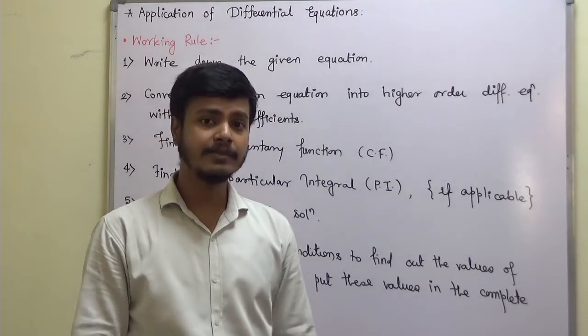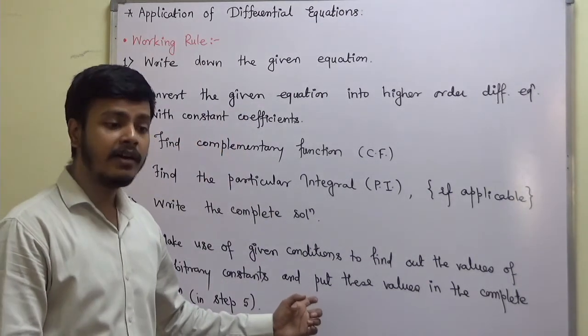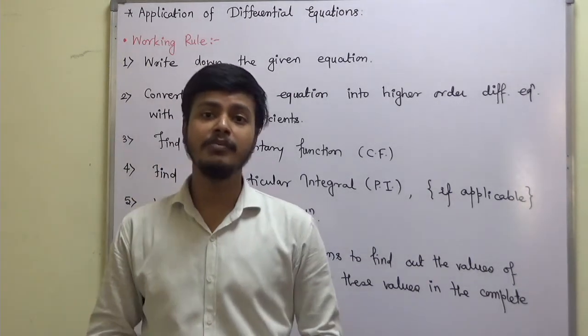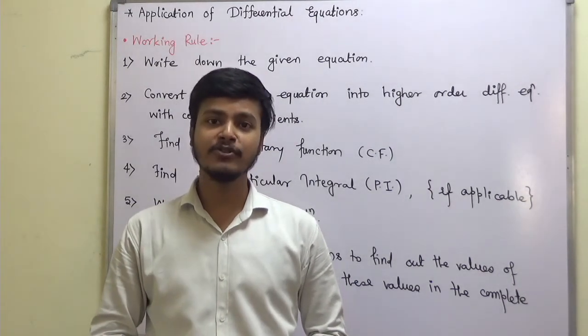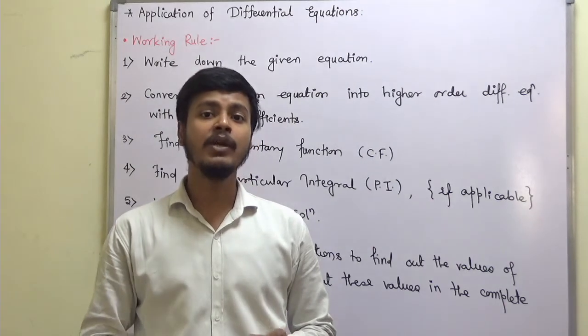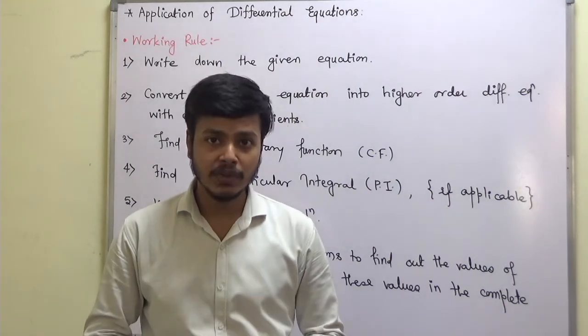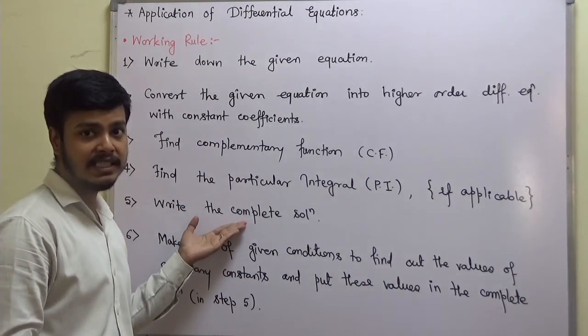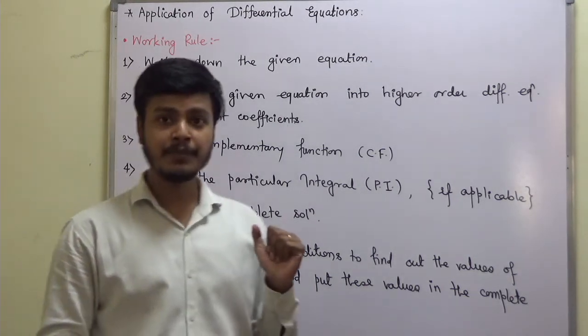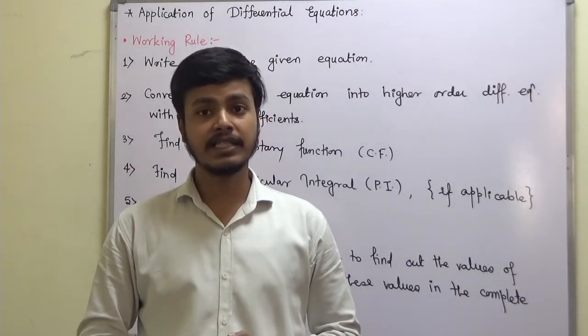And at last some conditions would be given to you. We will make use of those conditions to get the values of arbitrary constants, and then whatever values you get, substitute them in the complete solution, that is in step 5. I hope this is clear to you.